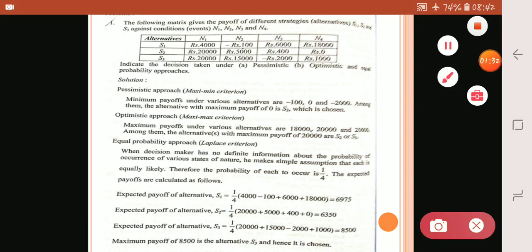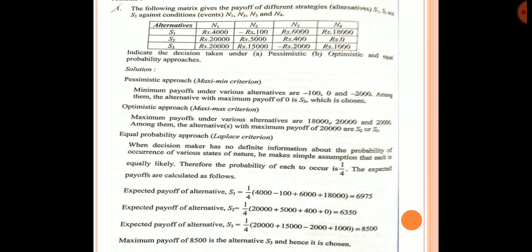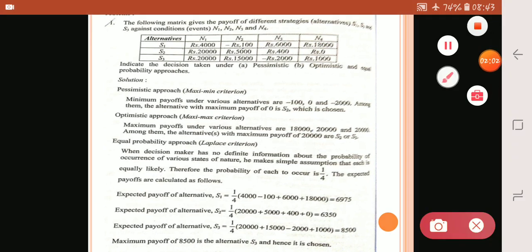The other name for the pessimistic approach is the maxi-minimum criterion. As the name suggests, from the alternatives we have to find the minimum value first and then select the maximum value. First we select the minimum value, then we select the maximum value. That's how we take the pessimistic approach.